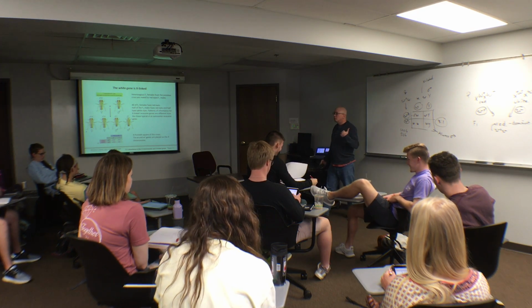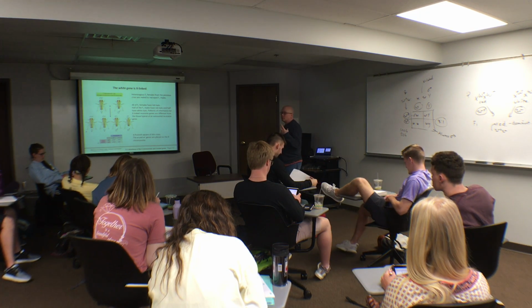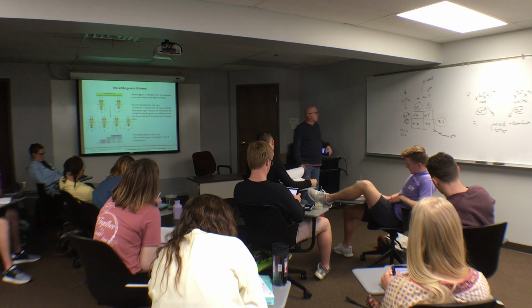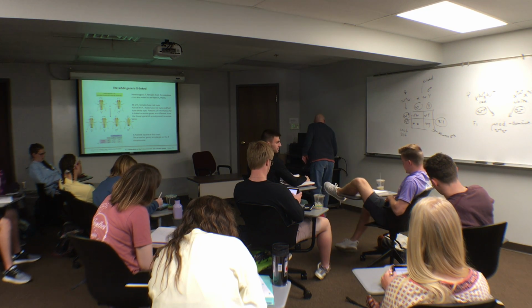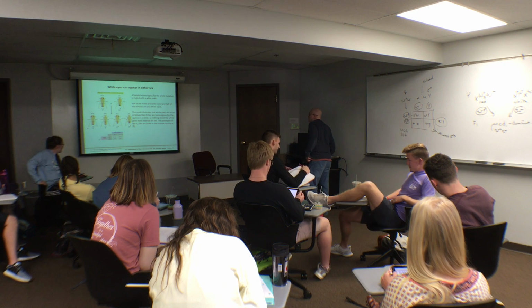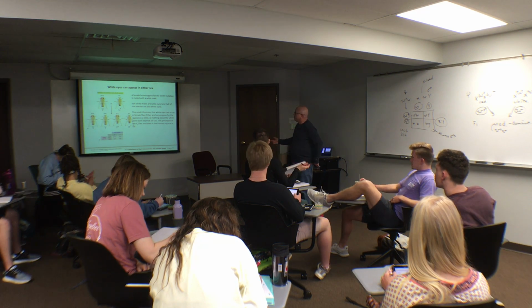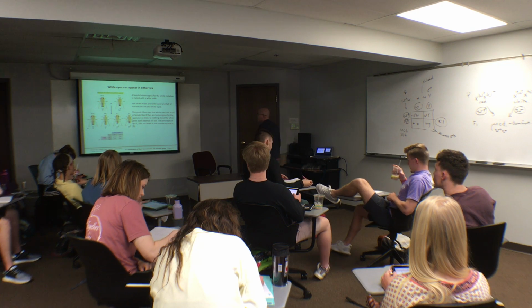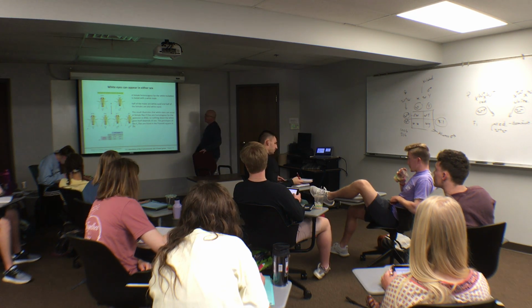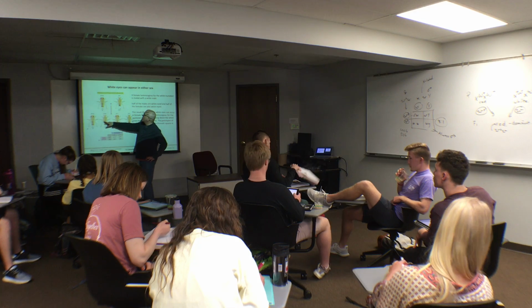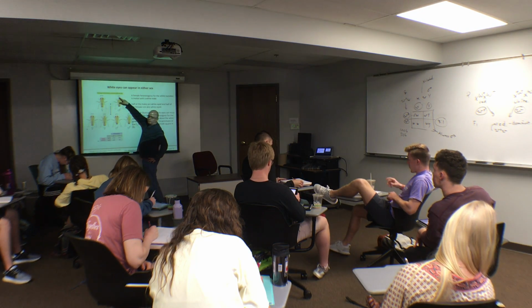Other questions? All right. And what's on the next slide? What you just asked. In order to get white-eyed females, you have to have a white-eyed male that you're mating to.